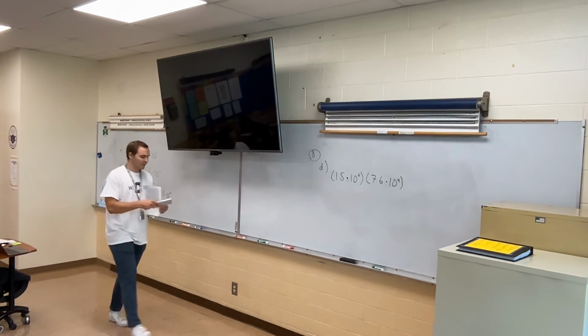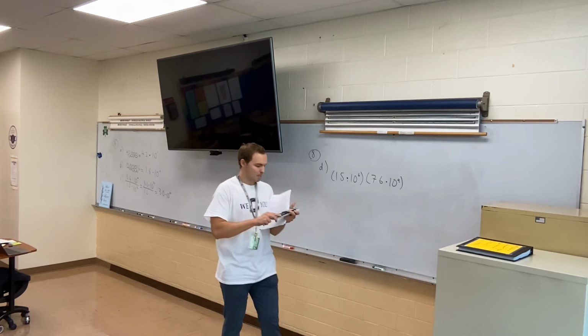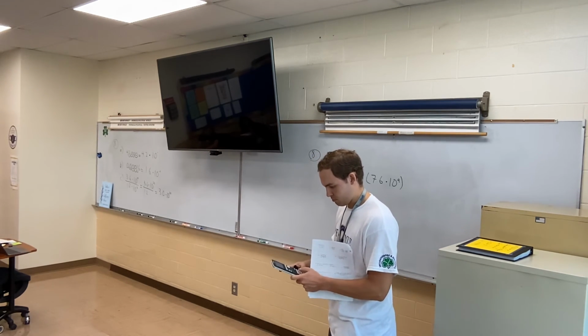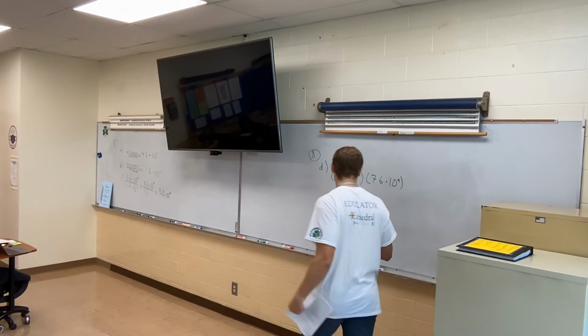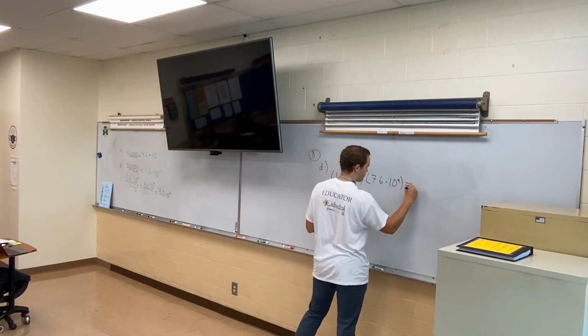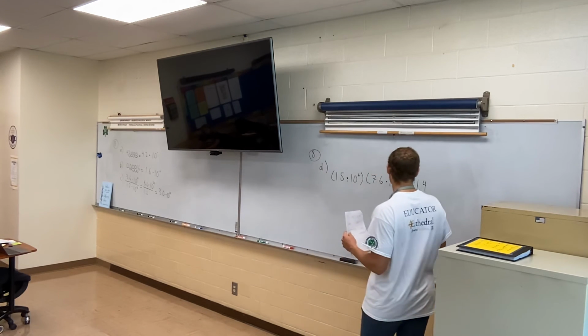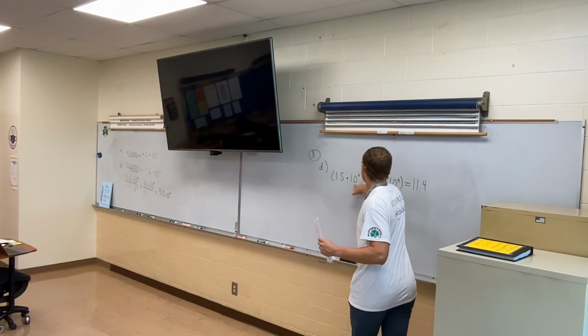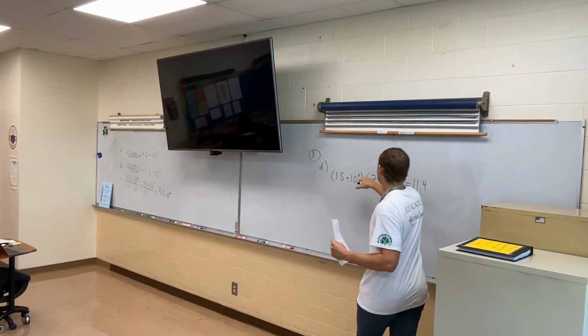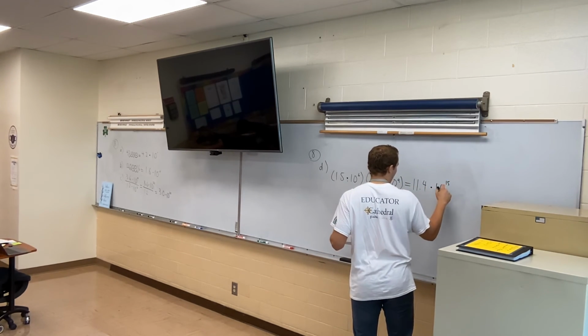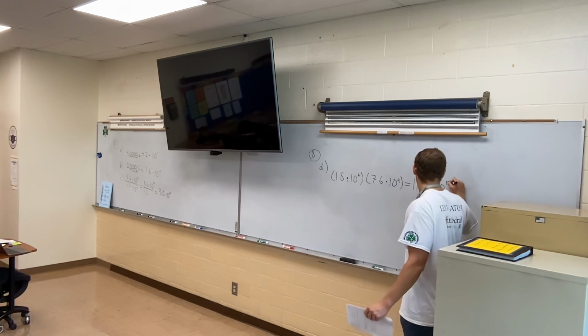What's 1.5 times 7.6? 11.4, right? 11.4. Okay, and then I add my exponents on the 10s. Get 10 to the 15. Right? What's wrong with this? Why am I not done?